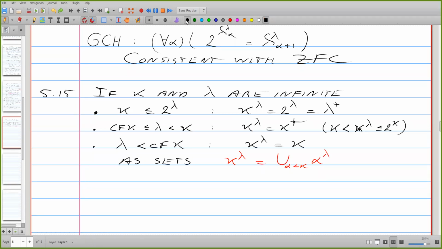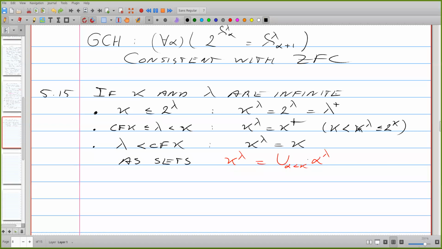We get that kappa to the lambda is the union of the sets alpha to the lambda, where alpha is less than kappa. Every function from lambda to kappa is bounded, so it is a function to a smaller alpha already.